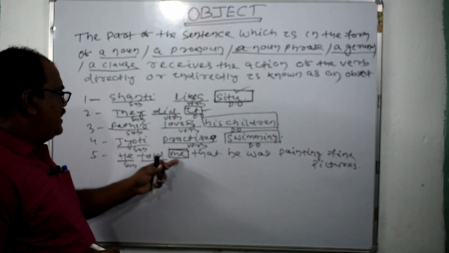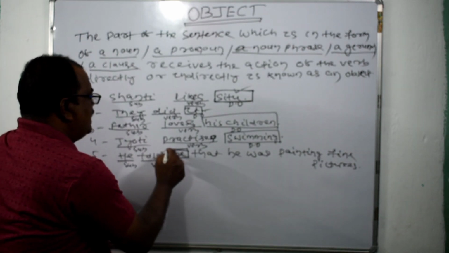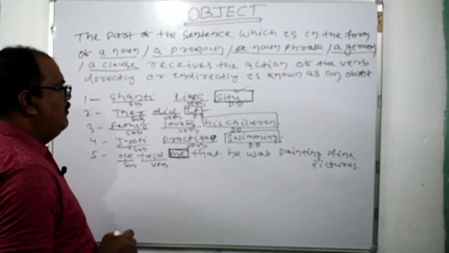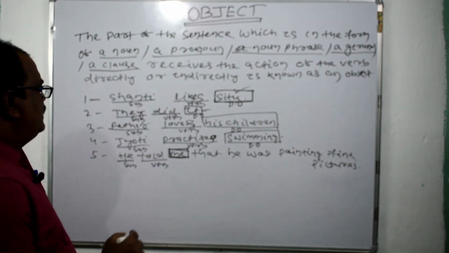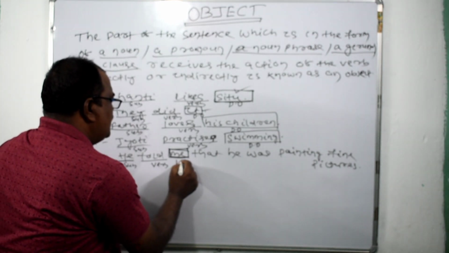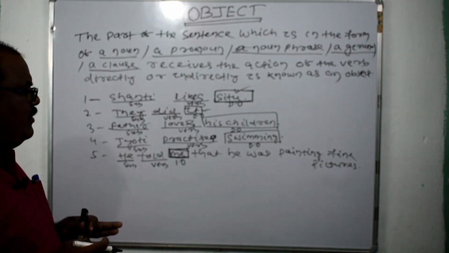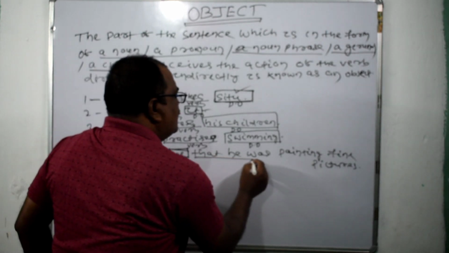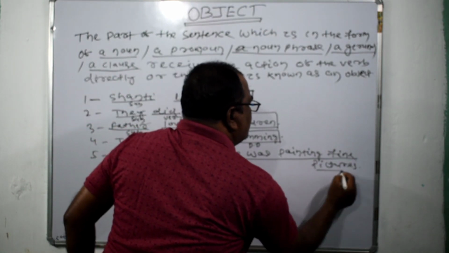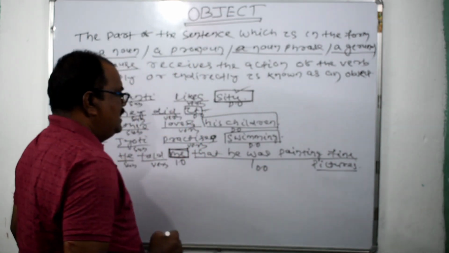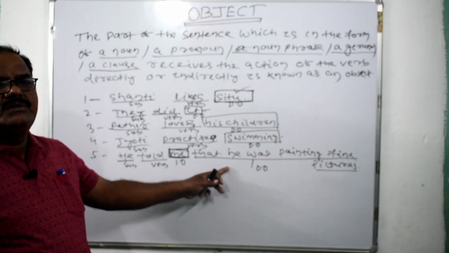He told me. This part answers the question to whom. Therefore, this part is known as the indirect object. What did he tell you? That he was painting fine pictures is the direct object and it is a clause.